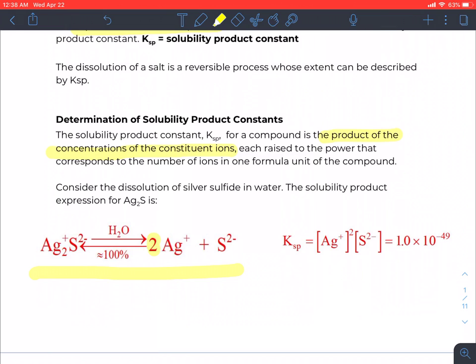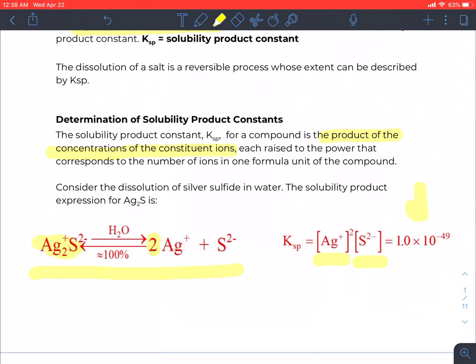For the KSP, we multiply the concentrations of the ions involved, raised to their powers. You can see that the solid starting substance is not in the KSP. It is only the ions that are produced.